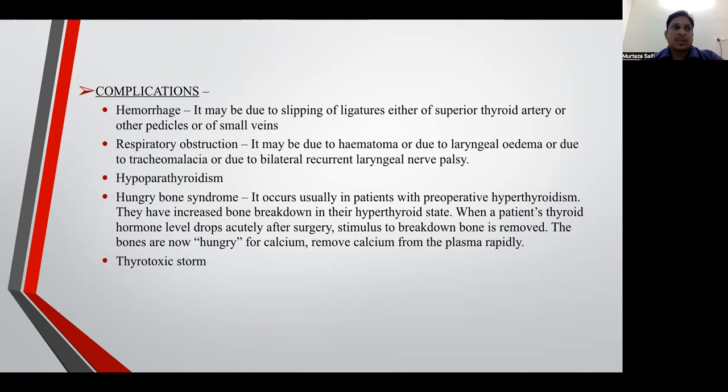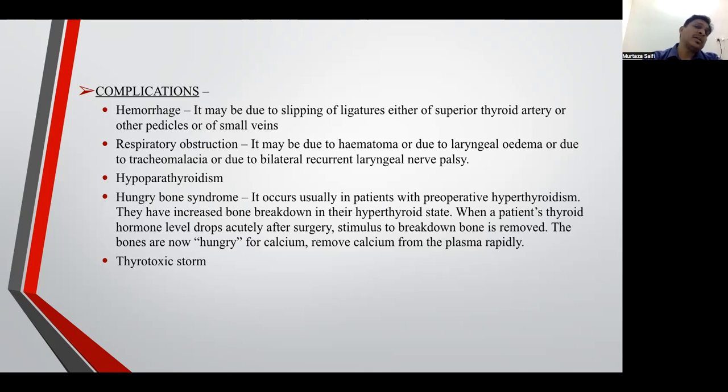If it is an expanding hematoma, then definitely you have to go for correction or redo surgery. If it is a localized hematoma without respiratory obstruction, you may treat it conservatively. If there is laryngeal edema, again you treat the patient conservatively. If it is more severe, it may require intubating the patient, as in tracheomalacia or bilateral recurrent laryngeal nerve palsy.